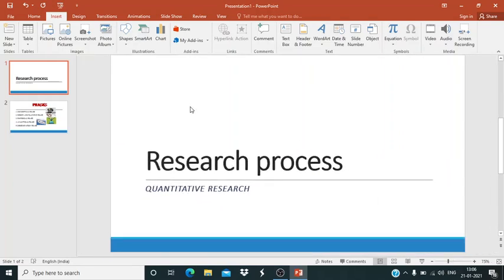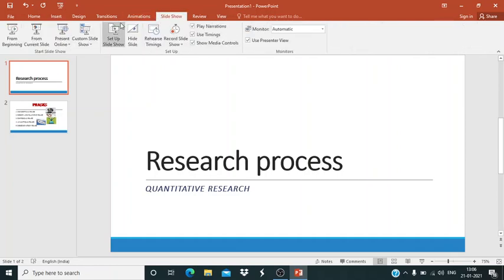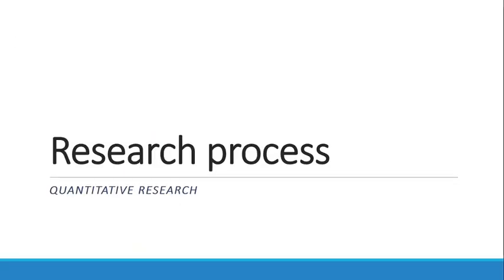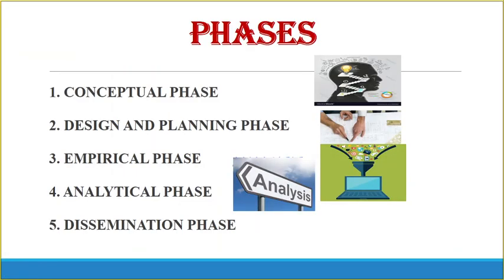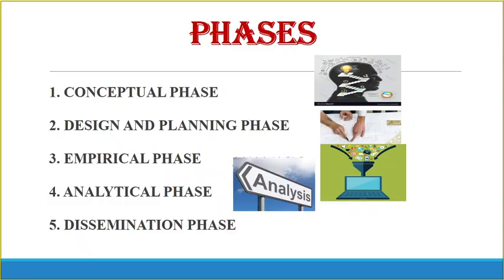If you are not familiar with that, just go to slideshow and present from the beginning. Or you can do the same thing here, this icon. So I'm going to give slideshow from beginning. So this is how my PowerPoint is coming.